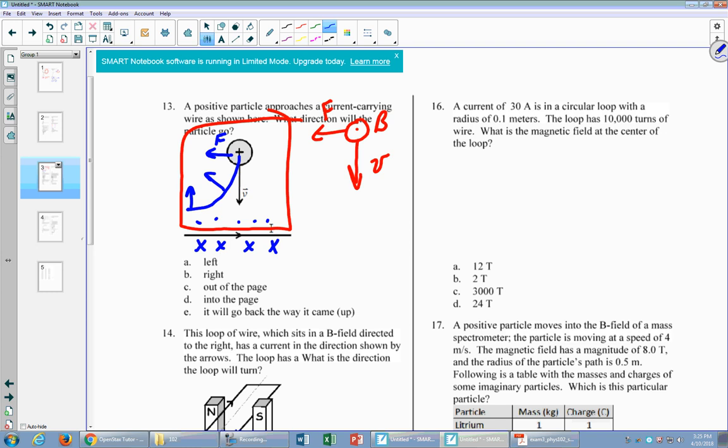I can't think of any question on the exams I've seen like the example, but are we going to have any where you ask what direction the particle is going to go in? Yeah, probably. Or how do we tell that? Besides the right-hand rule, is there anything different?